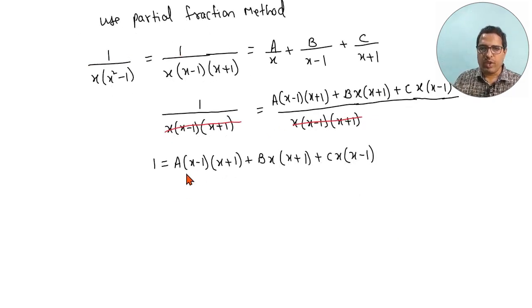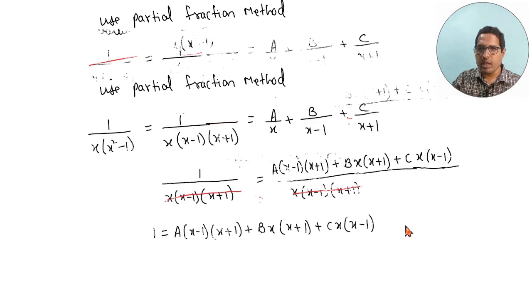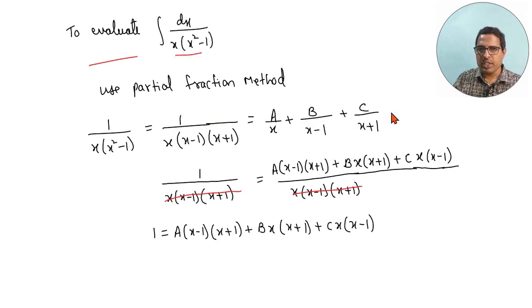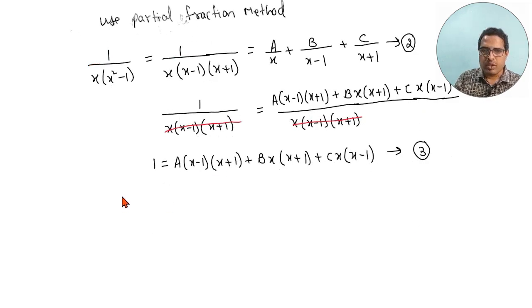Now let us find the values of a, b and c. For that, let me take this as equation number 2 and this as equation number 3. Let us put the value of x. You see that you have x minus 1, x plus 1 and x values, so you can make any one of them 0. Suppose I put x to be 1 here, then 1 minus 1 will become 0.